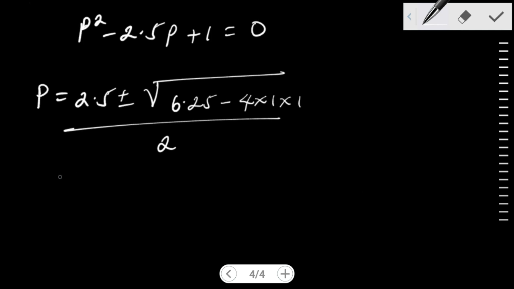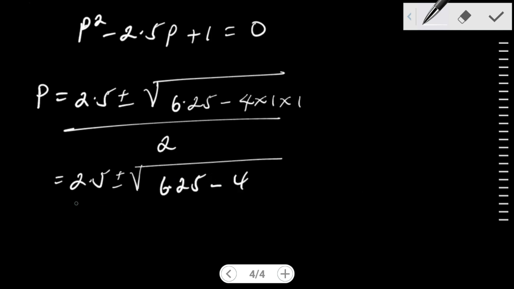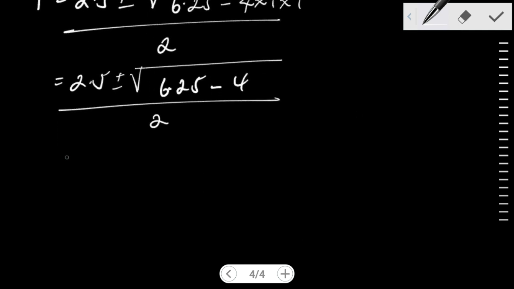Therefore this would be equal to 2.5 plus or minus the root of 6.25 minus 4 divided by 2, and so this is going to be equal to 2.5 plus or minus the root of 2.25 out of 2.